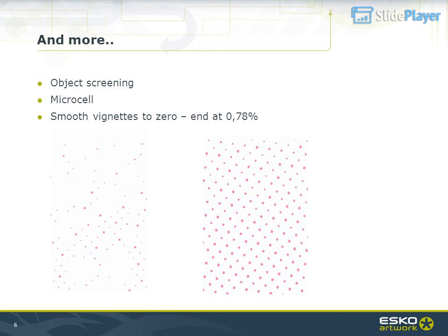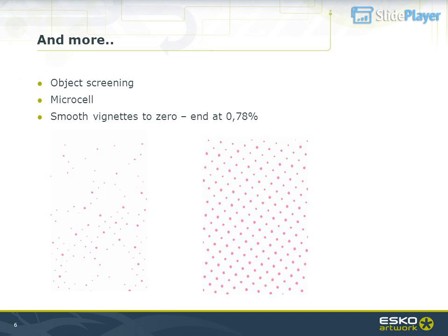Object screening, microcell. Smooth vignettes to 0. And at 0.78%, also add a very thin, non-printable line to stabilize the first dots. It is mandatory that technical vignettes to 0 end at 0.78% rather than running all the way down to 0%.